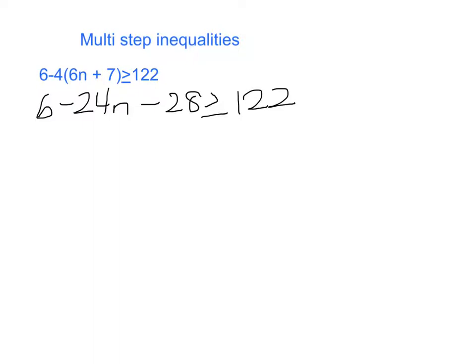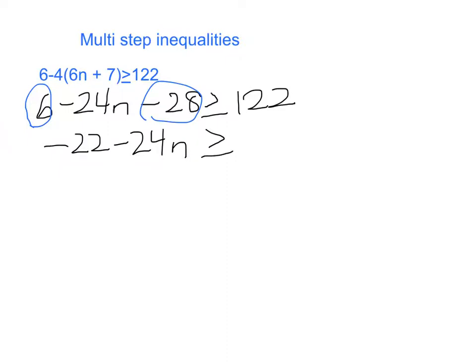First, you have to combine like terms, so you would subtract 6 minus 28, and that would be -22, minus 24 is greater than or equal to 122.